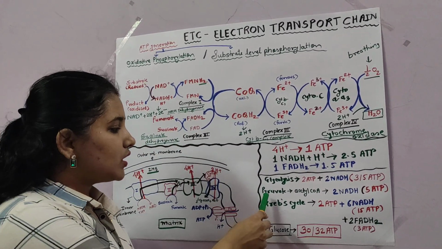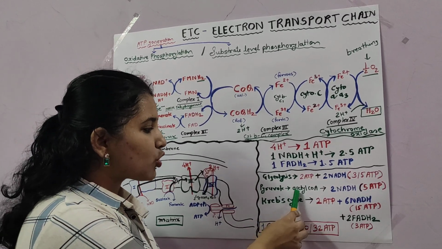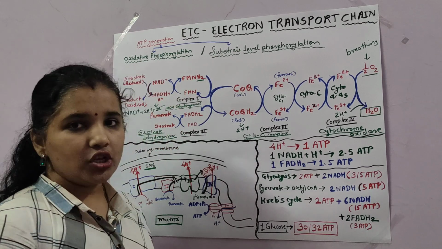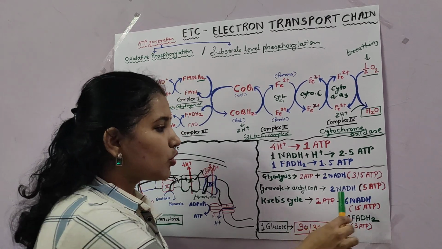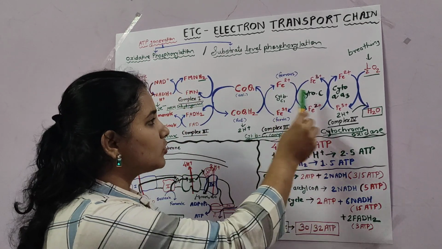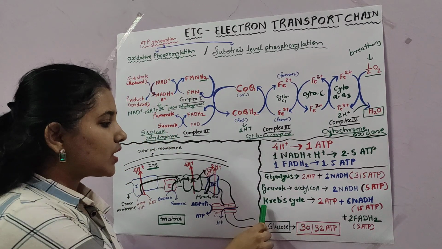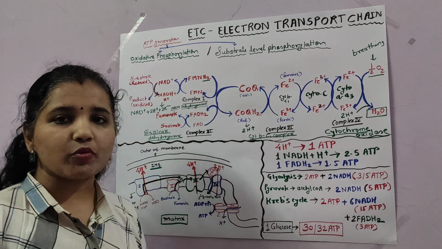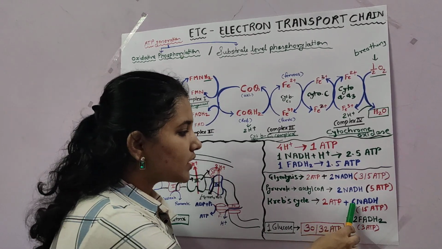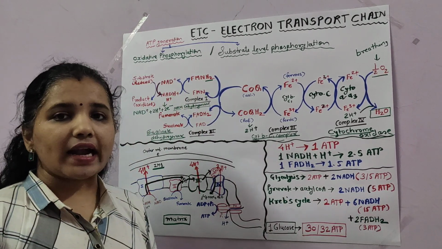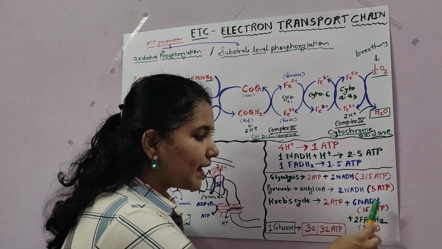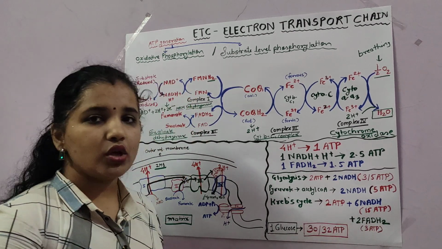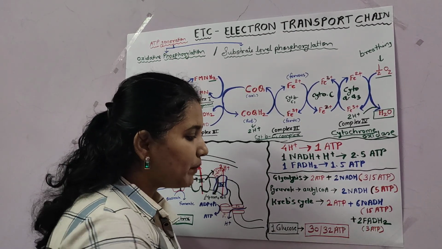Now, the linking reaction, the conversion of pyruvate to acetyl CoA, produces 2 NADH. So 2 NADH will in turn produce 5 ATP after passing through the ETC. The Krebs cycle produces 2 ATP by substrate level phosphorylation, and it produces 6 NADH that will in turn produce 15 ATP, and it also gives us 2 FADH2 that will produce 3 ATP.